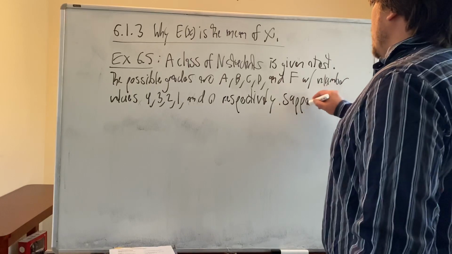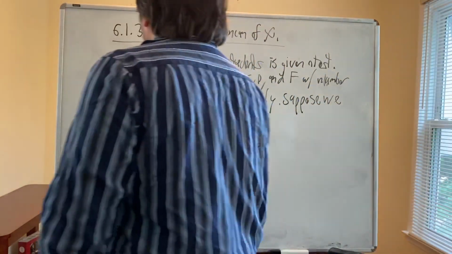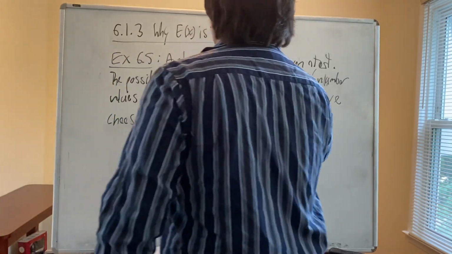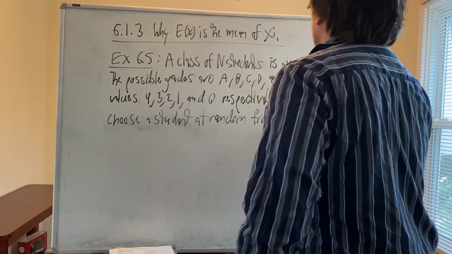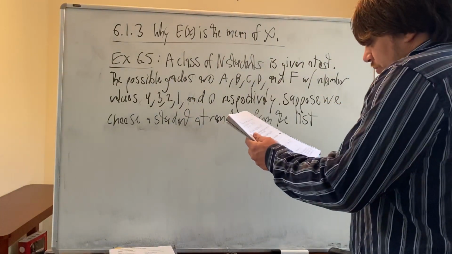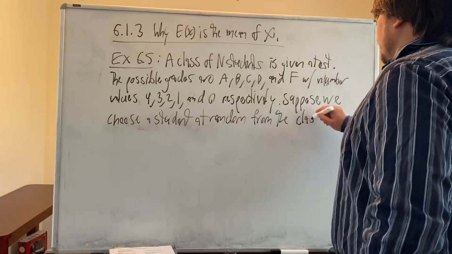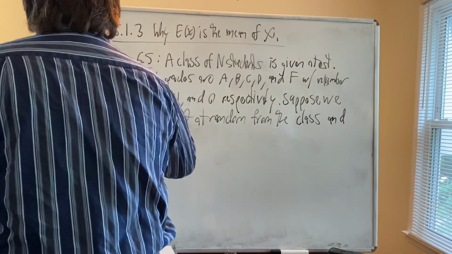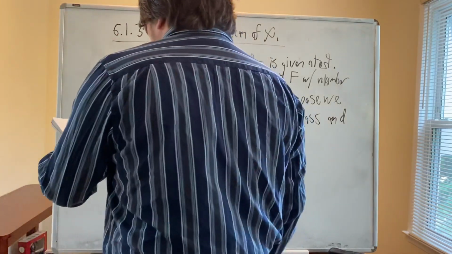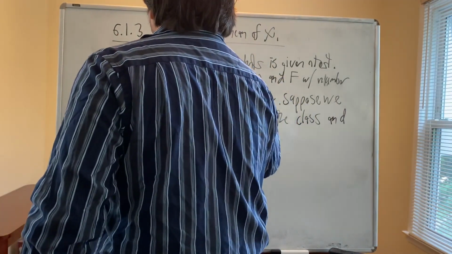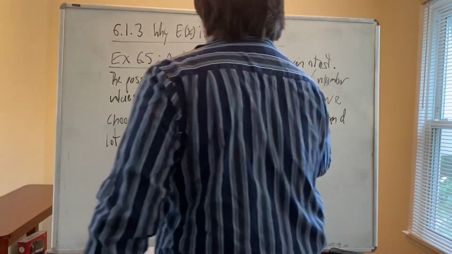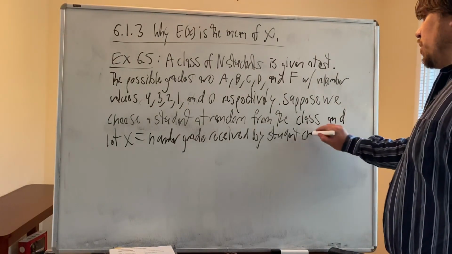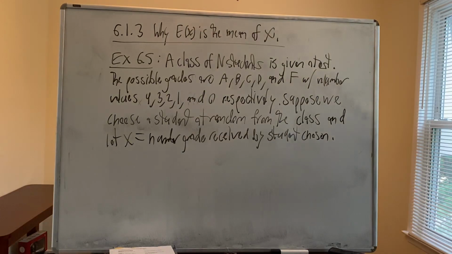Suppose we choose a student at random from the class, and let capital X equal the number grade received by the student chosen. So capital X is the number grade received by the student chosen.